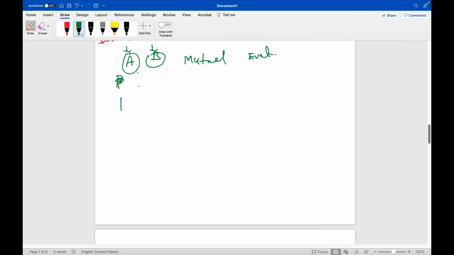So the probability of A or B, which is the union, is the probability of A union B.